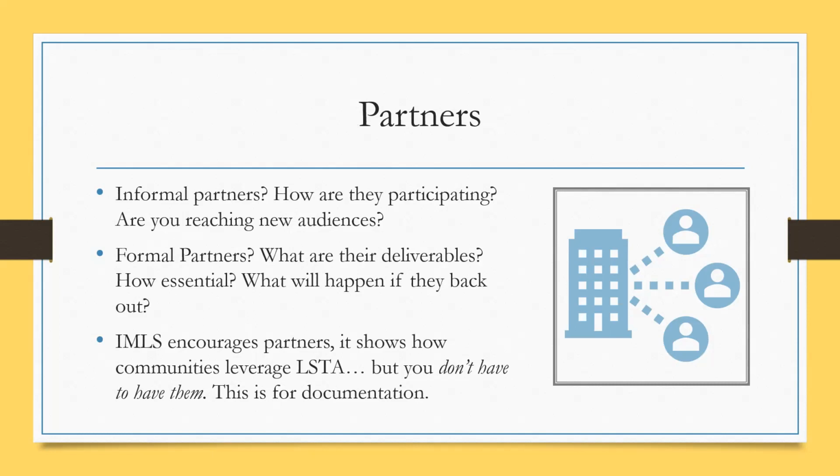Formal people are absolutely essential to your project, and if they back out, your project has a big gaping hole in it. Right? If you have a formal partner, then we will absolutely need an agreement of some sort that outlines what they're delivering, and we'll need to know what happens if the project partner backs out, right?